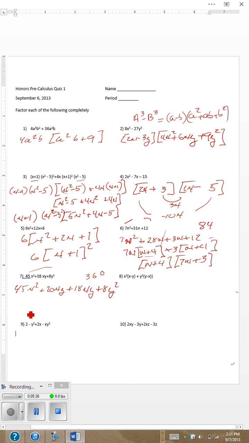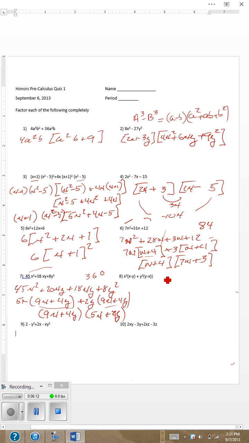Split in the middle. Common factor from the first two, 5x, common 9x plus 4y. Second two, common factor, 2y, common 9x plus 4y. Common binomial factor, 9x plus 4y, common to 5x plus 2y. Now factored.